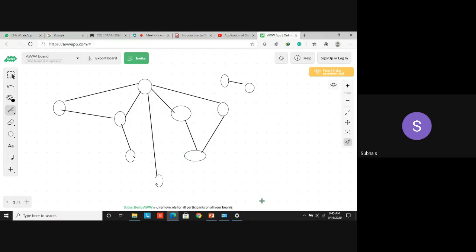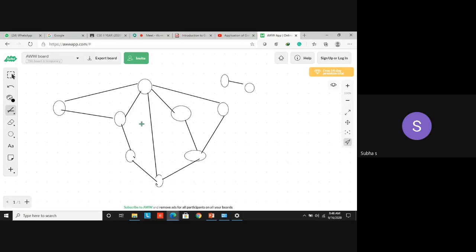Suppose I am connecting this one. I connected this. That means these two nodes are connected. There is a path from this node to this node. That is the meaning. Now this tree data structure has become a graph. Got it? So I have a different number of nodes, 1, 2, 3, 4, 6, 7 nodes are there, and different edges. So many edges are there.